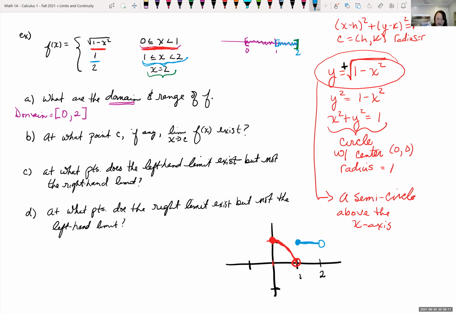So that's what our second equation looks like. And then the last equation, it's only a point because it's for the value of when x equals 2. It tells me my y value is 2. So I know I have a point here at (2, 2).